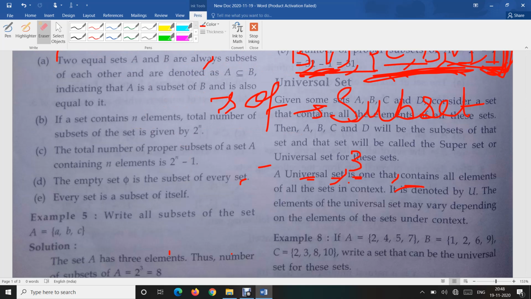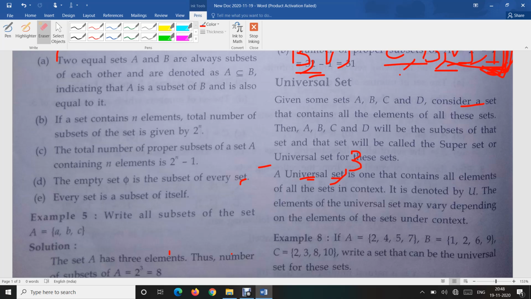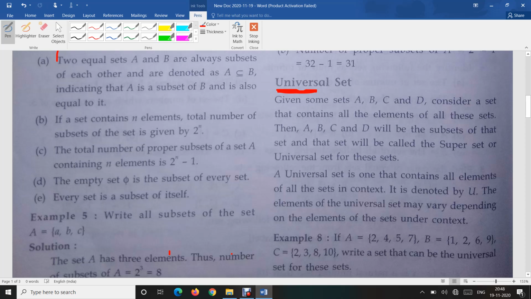Okay, so how will we define the universal set? One thing is clear: universe means which contains everything.